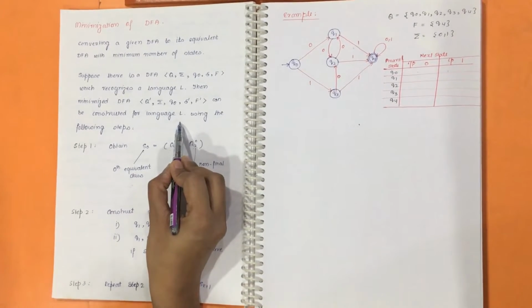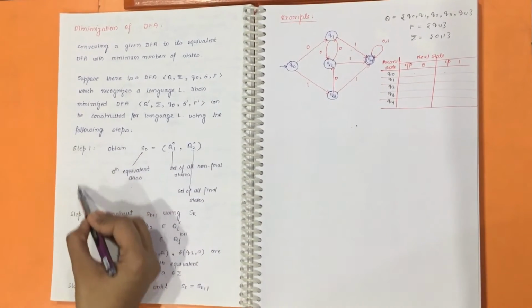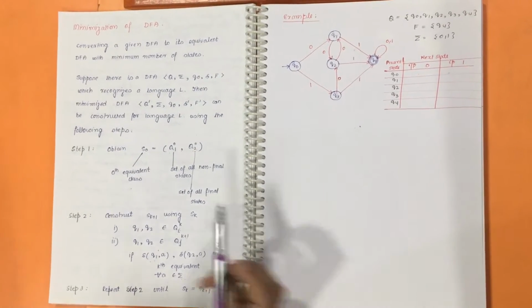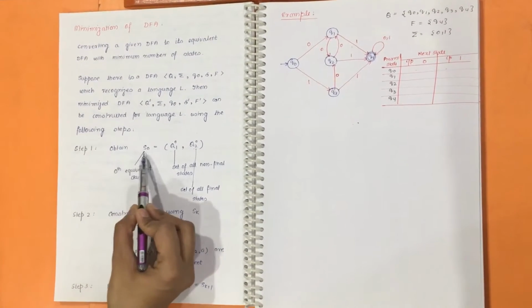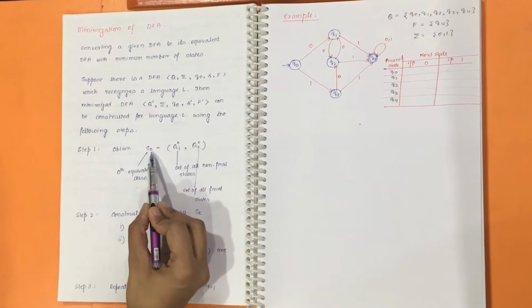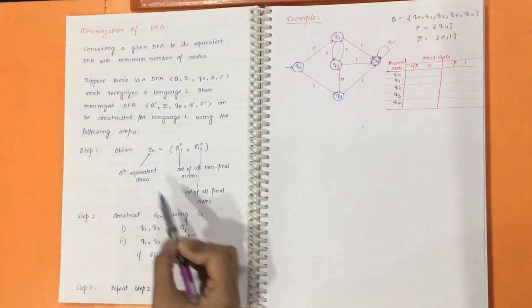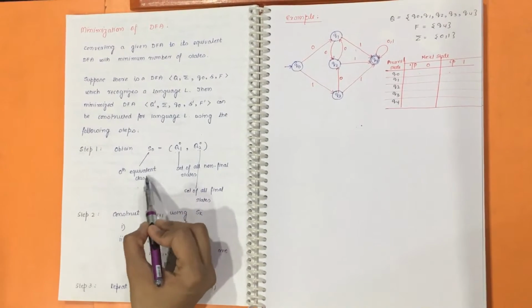Now this conversion can be done using these 3 steps. They are very simple steps. The first step is to obtain S0. S0 stands for the 0th equivalent class. So in this conversion we will be obtaining equivalent classes.